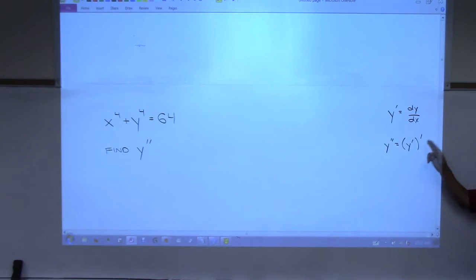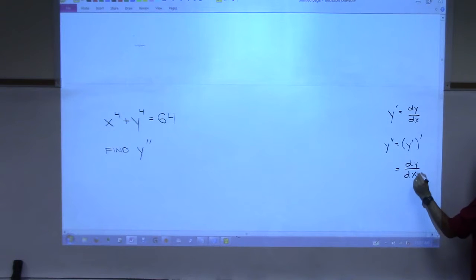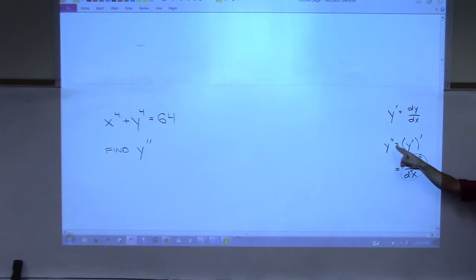There was a Leibniz notation for this, do you remember? They put a 2 and then a 2 here, offset so that you wouldn't think it was squared. We're not going to use this notation at all. I just want everyone to understand that y double prime will mean the derivative of the derivative, and the derivative we are talking about is dy dx.